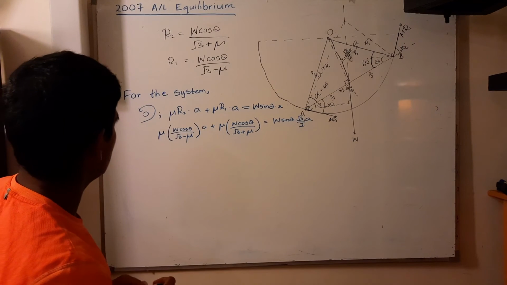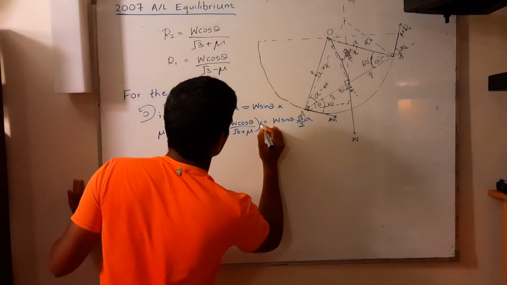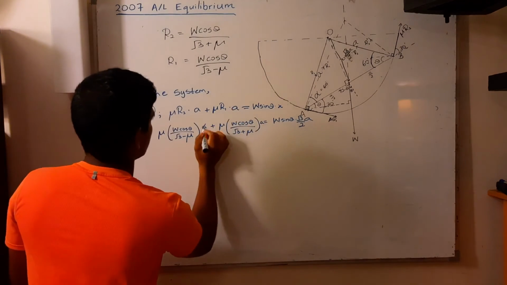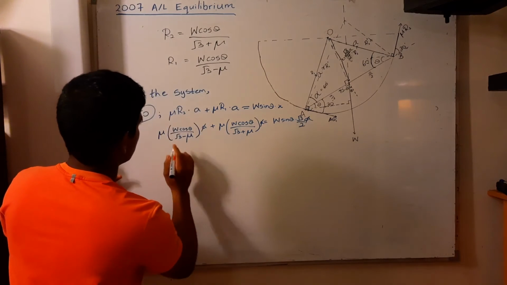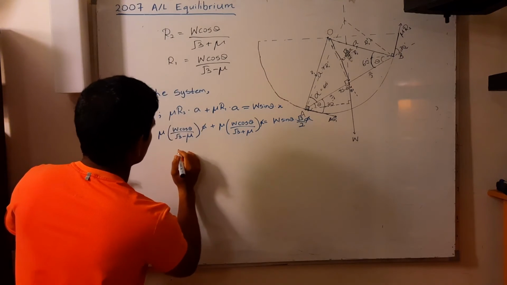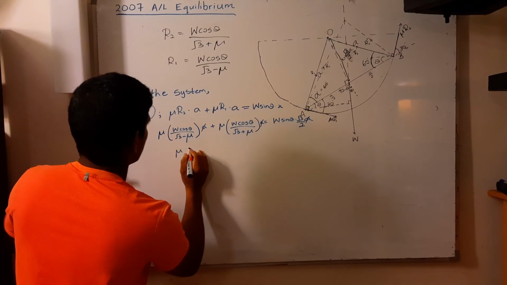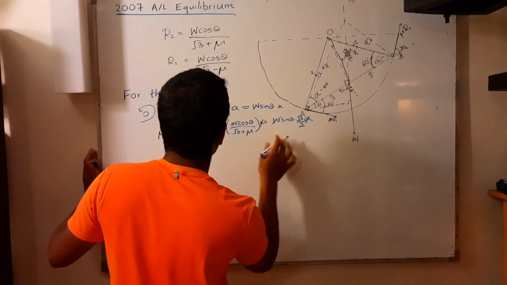Sorry, there's an A here also. This is multiplied by A. As you can see, the A's get cancelled out, because it's common to all three. So mu, the A's and the W also, once again, it's common to both sides.